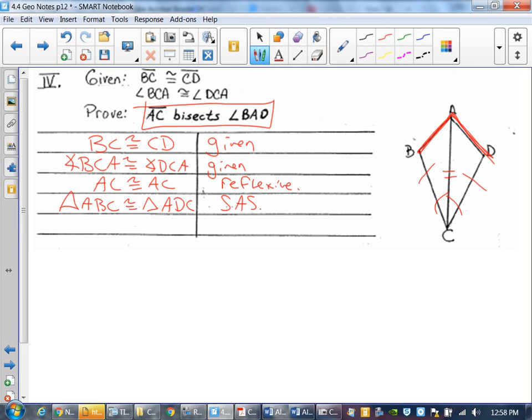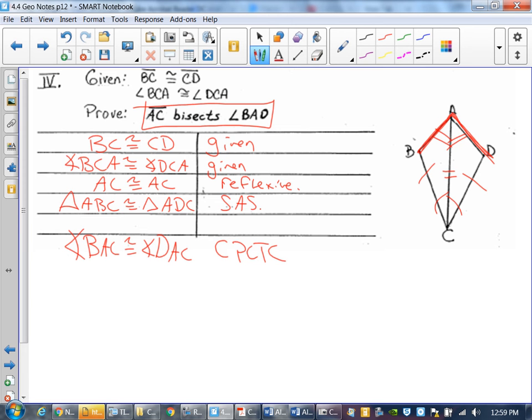Once you find that angle, you have to decide which 2 angles would have to be created to be congruent if AC was the bisector. Well, those 2 angles would have been BAC and DAC. So what I do then is say that they're congruent because of corresponding parts of congruent triangles congruent.